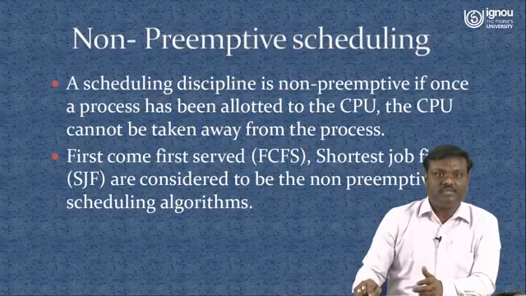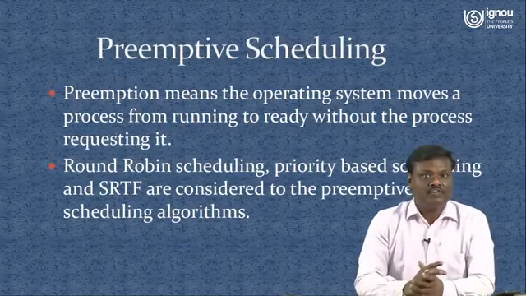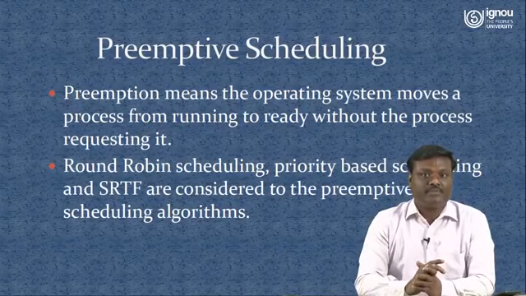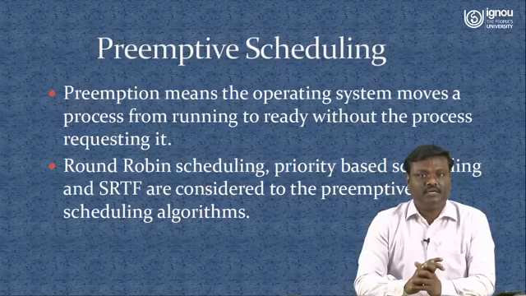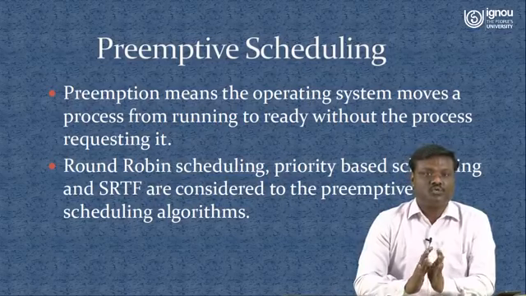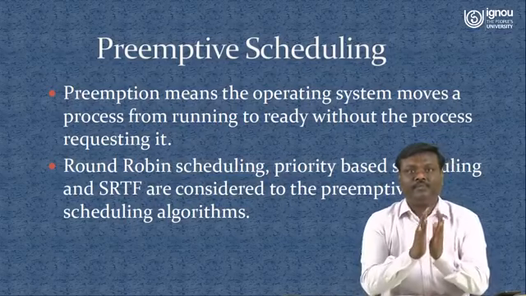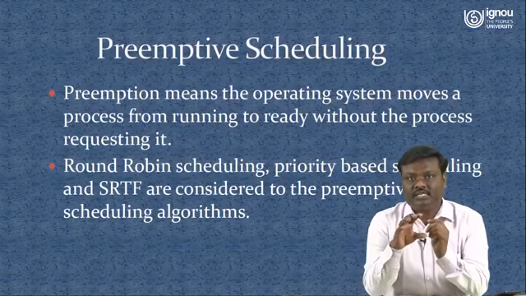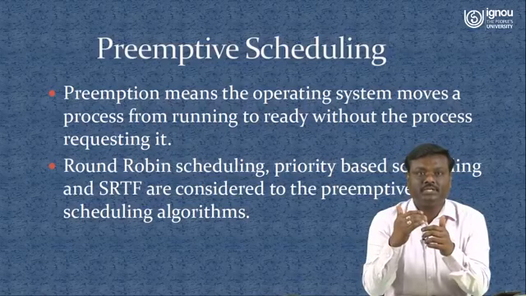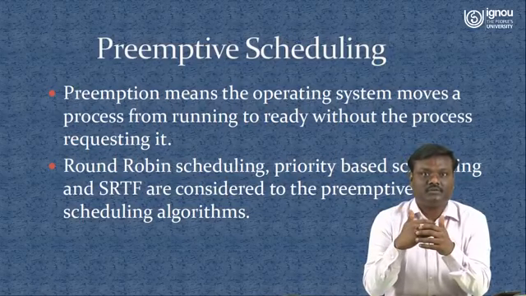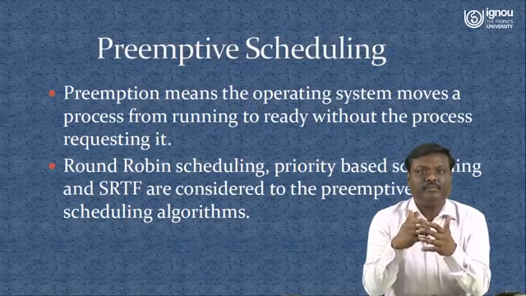Coming to the preemptive, it is quite in contrast, where preemption means priority. In preemption, the operating system moves the process from running to ready without the process requesting it. In non-preemptive, take the case of FCFS, there the turn comes first in and first out, so it cannot be preempted.